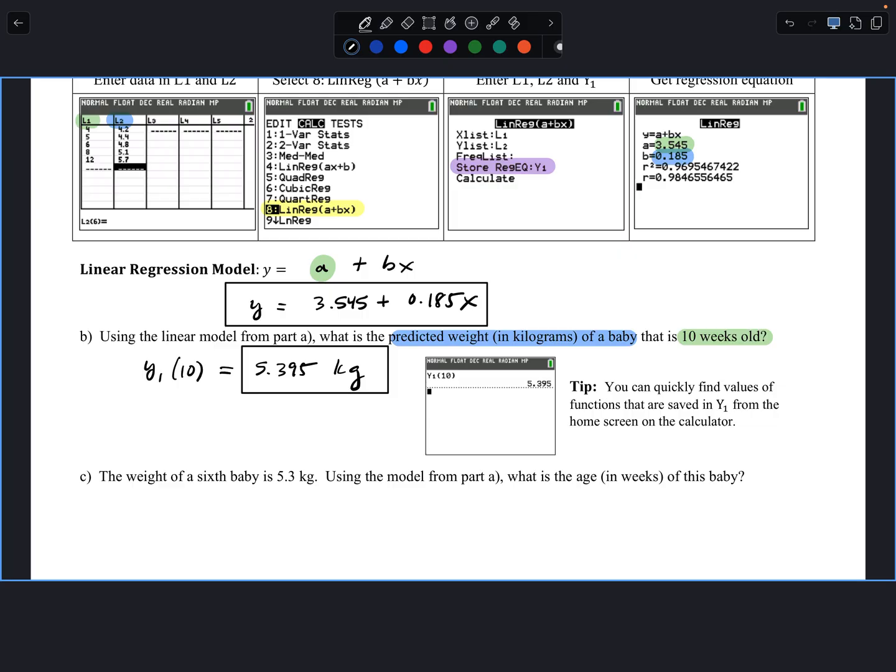Okay, what is part C saying? Anybody? Is part C asking us to do the same thing?